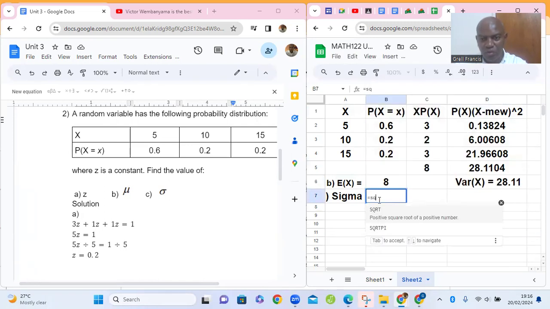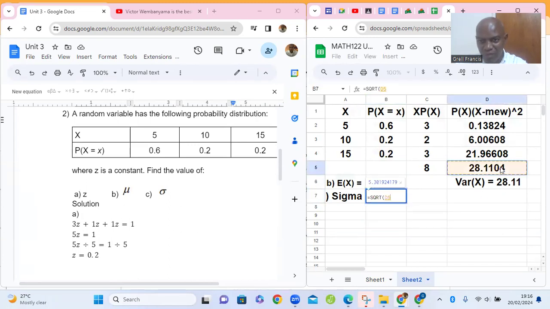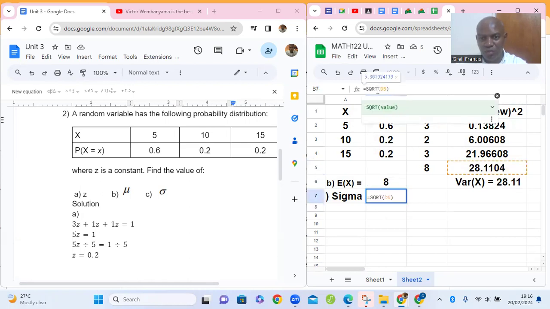So I type equal and square root, this value there, value D5, here it is, close bracket, that will be the standard deviation. Square root, not square, square root.